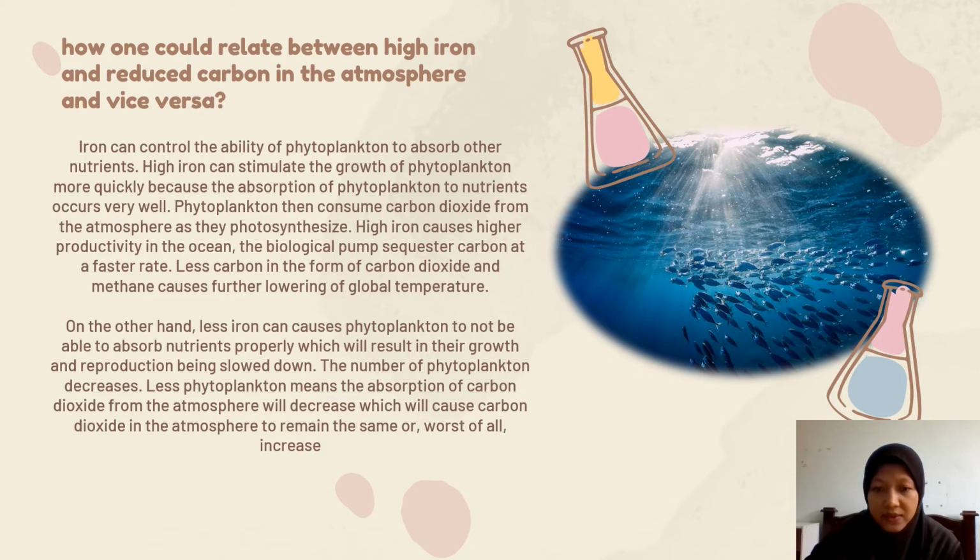But with less phytoplankton, the absorption of carbon dioxide from the atmosphere will decrease, which will cause carbon dioxide in the atmosphere to remain the same, or worst of all, increase. This can increase global temperatures.